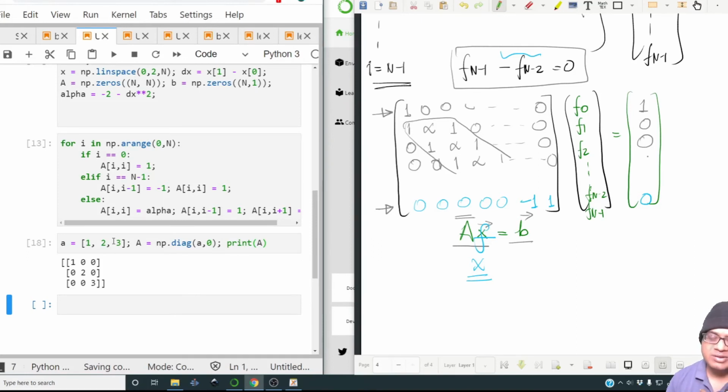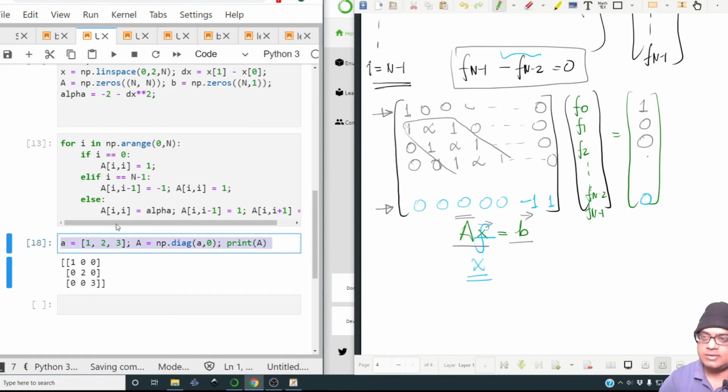So I have to pass a vector which has the same size as the length of the square matrix. Over here it is 3 and so on. This gives us an idea. Because all of them are going to be alpha except the 0th node and the n minus 1th node, I can handle them easily.